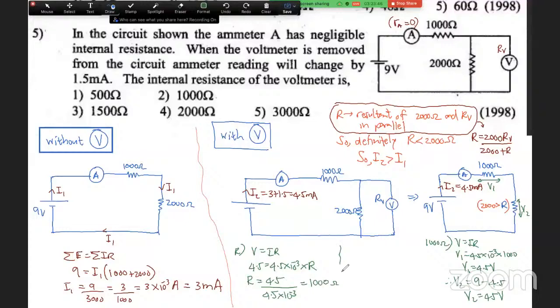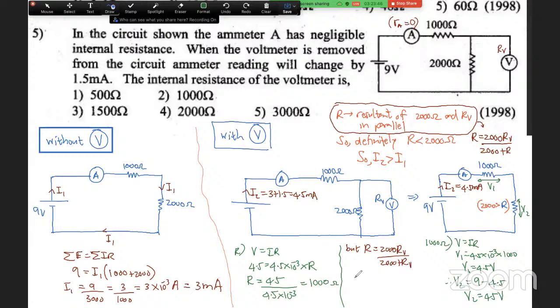That is R. And R, people, remember, R is the resultant of 2000 and RV. We have just figured out R is equal to 2000 RV over 2000 plus RV.